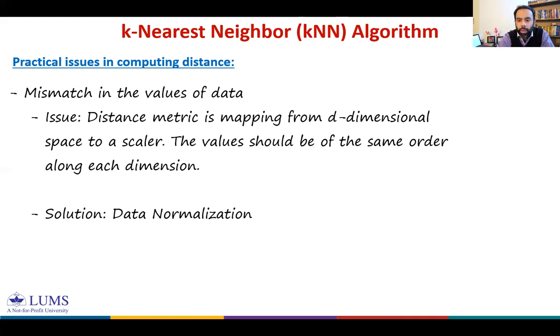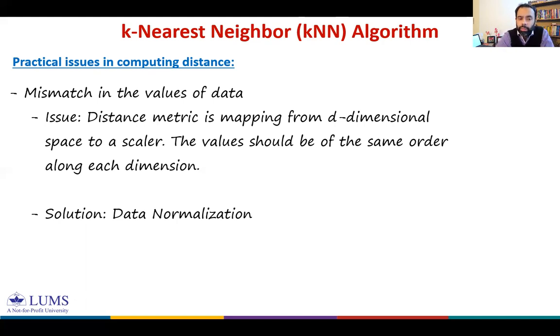For example, you're applying KNN on a data set that has 3 features, the first feature ranging from 1 to 10, the second from 1 to 20, and the last one ranging from 1 to say 10,000. When you compute distance, the third feature would dominate, because when you compute, for example, the Euclidean distance, the squaring of the large number would just boost it, and this is going to suppress the variations in the first and second feature.